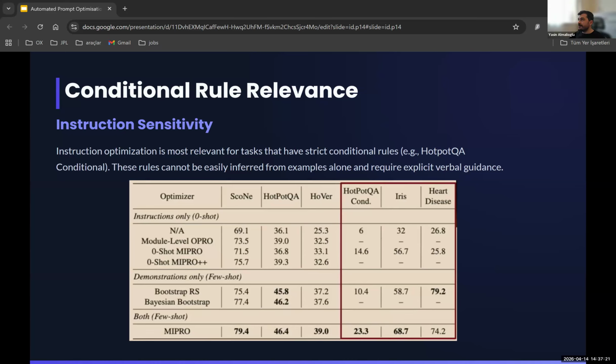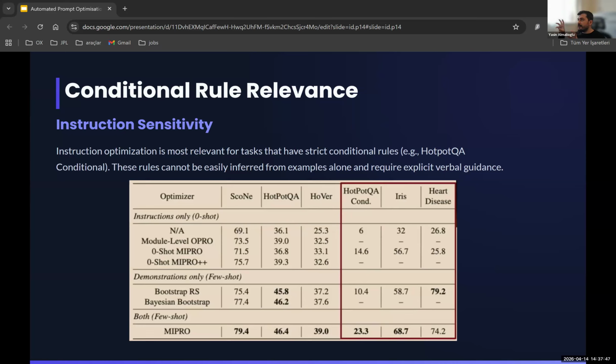If a task requires you to strictly adhere to the logic, like HotpotQA, because as I mentioned, it requires a couple of steps before you find the answer, the model needs the instructions to act as a constraint.